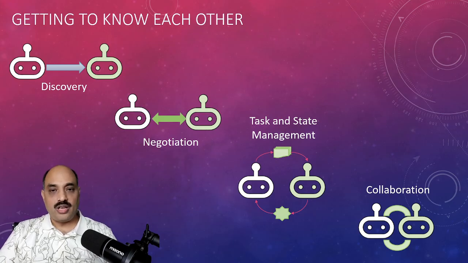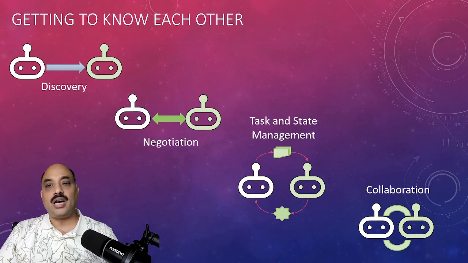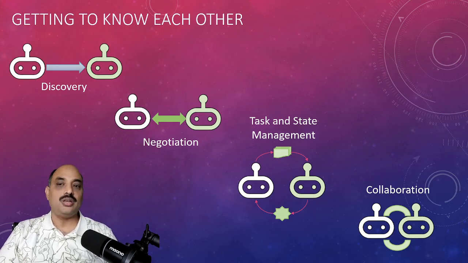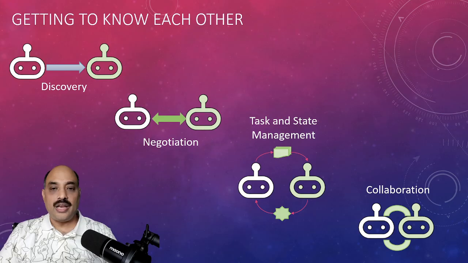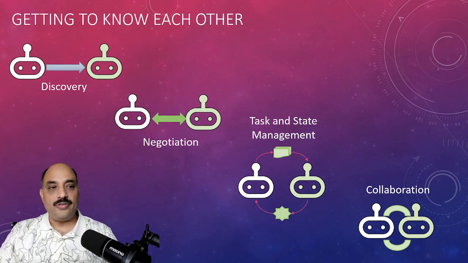These are the four phases in which one agent, we'll call it a client agent, interacts with the specialist agents or business agents to discover where they are, then to negotiate the capabilities of each other, and then assign a task or do a multi-turn discussion, execute a task, or know the status of a task, and get a business transaction done. So let's understand how the discovery phase is defined.